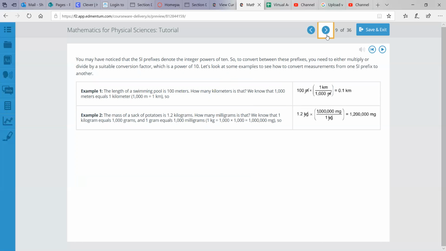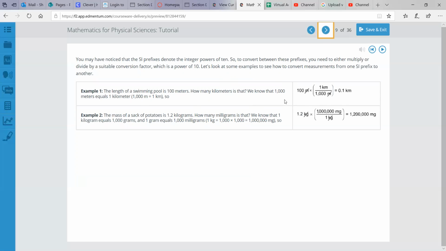And here are some examples of the way the math works out. So you're using the ratios, okay? Example 1, 100 meters, how many kilometers is that?